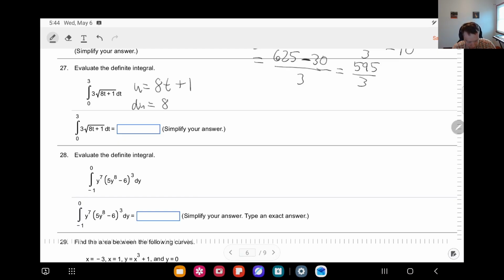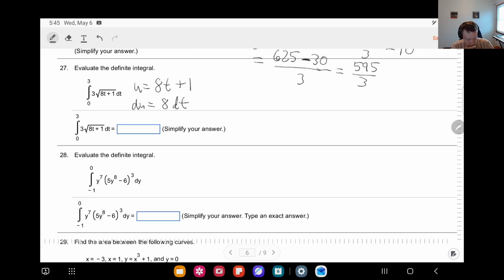Du is 8 dt. Okay. And all right, so what happens now? Well, we've taken care of the square root part very well. That's just going to be the square root of u when we substitute over.